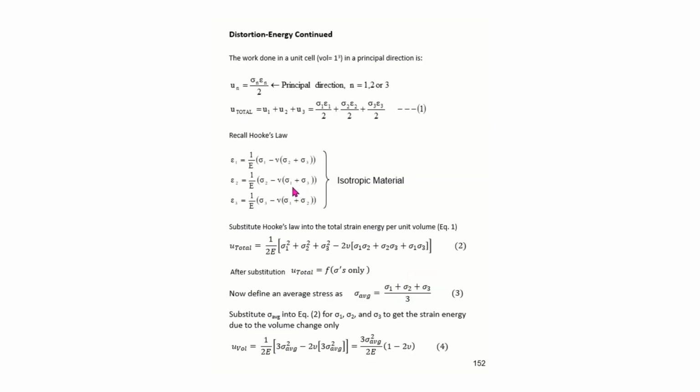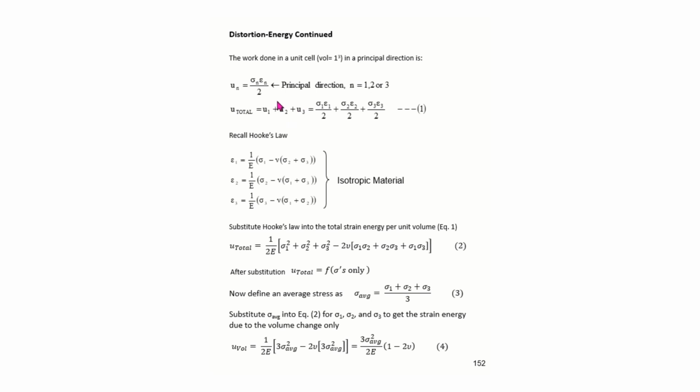To derive this expression, we'll come back to the work done in a unit cell, which we showed was U equals sigma times the strain divided by 2. We can write the total strain energy then as U1 plus U2 plus U3, where the 1, 2, and 3 are the three principal directions.